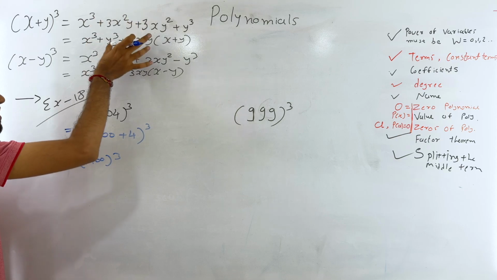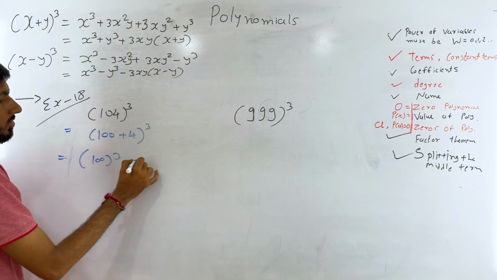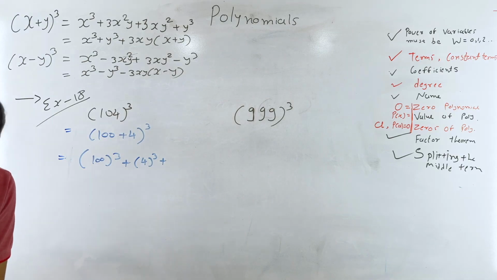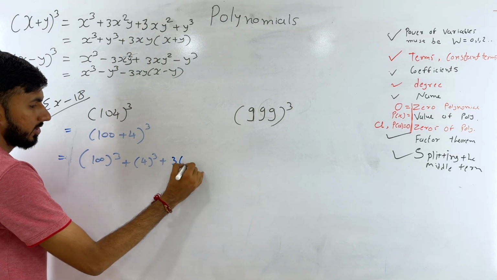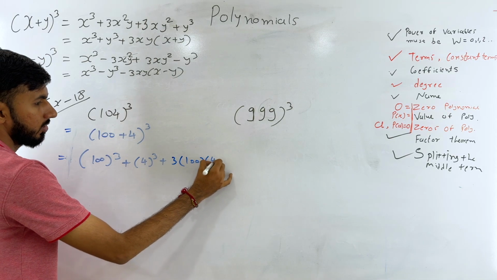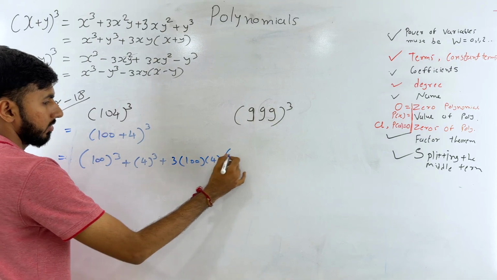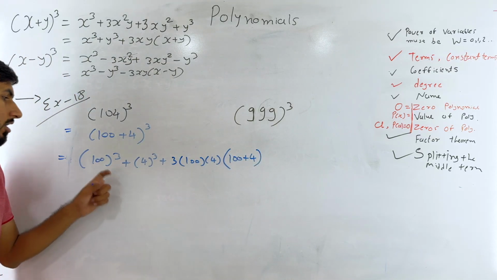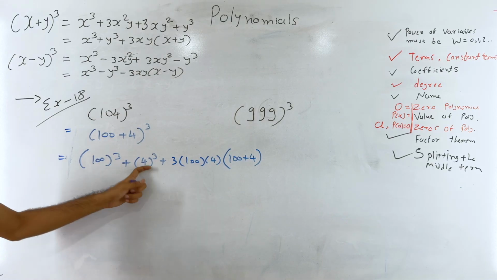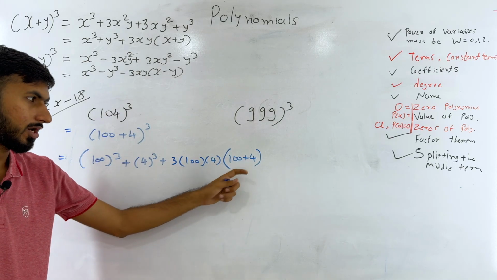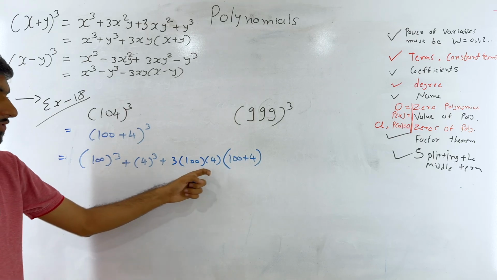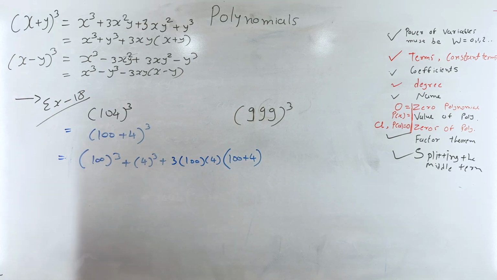You have to mention that by using this identity, 100 cube plus 4 cube plus 3 bracket 100 multiply 4, in other bracket I have to write 100 plus 4, right? a cube plus b cube plus 3ab bracket a plus b. First term cube, second term cube, 3 multiply first term, second term, in the bracket first term plus second term.